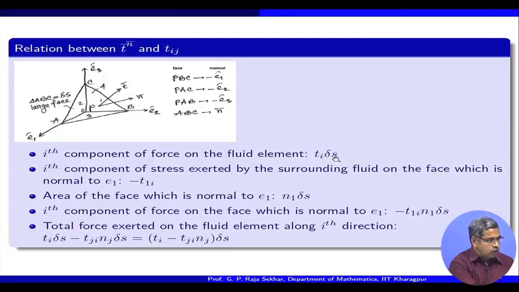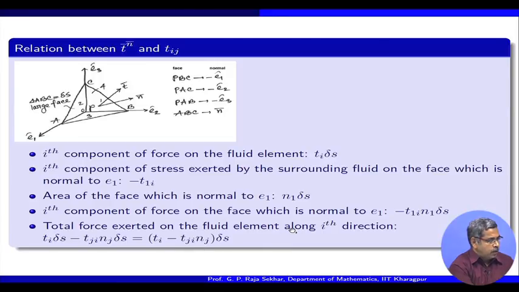This is the force acting in terms of the stress vector, and in terms of the individual components we have obtained this. Now we must balance the total force exerted. Before balancing, this is the total force we are summing up. You must understand this is the stress vector and these are the stress tensor components.